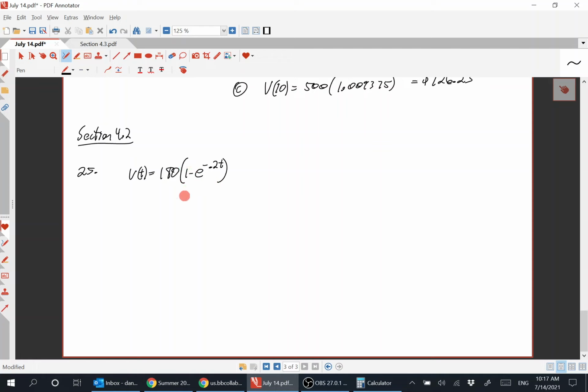So another one of these logistic type functions. Velocity in feet per second at t seconds.